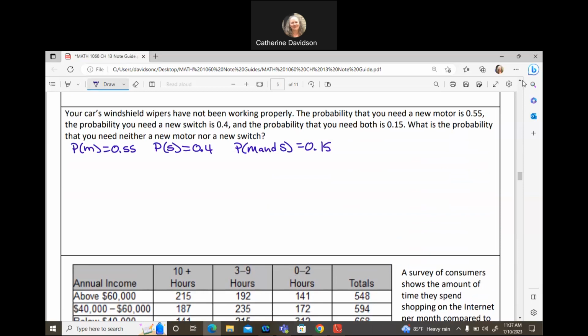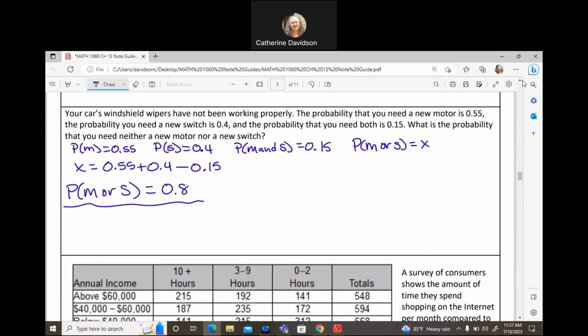So it's going to be a little two-parter here. What we're missing is the probability you need a motor or a switch. That's going to be our X. So the X comes first. That's your OR. We have the motor plus the switch minus the overlap. So probability you need a motor or a switch is going to be 0.8.